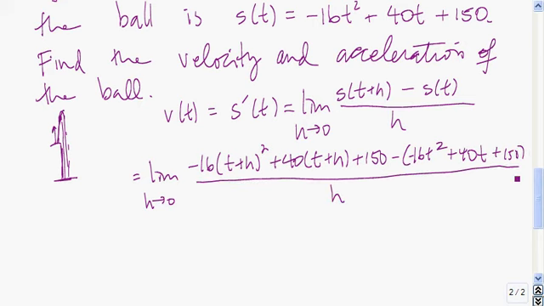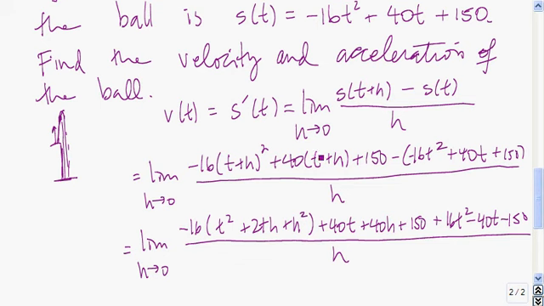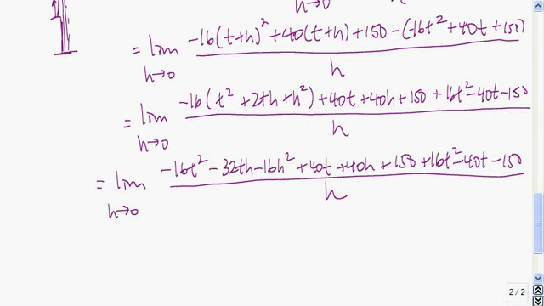Okay, the way we're going to evaluate this is we'll multiply out this t plus h squared. If we also distribute the 40 in that step, this is what we end up with. So now let's distribute that negative 16. Then we have a lot of things that are going to cancel. So this negative 16t squared goes away with that 16t squared. The 40t goes away with that 40t. The 150 goes away. Then we have negative 32th minus 16h squared plus 40h.